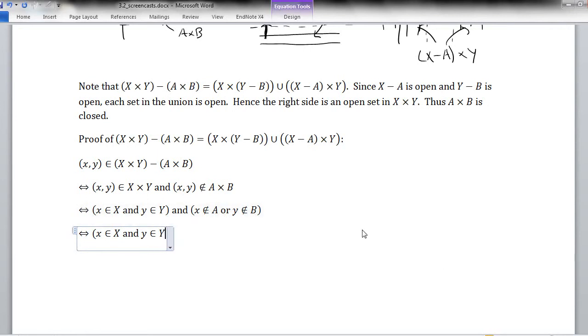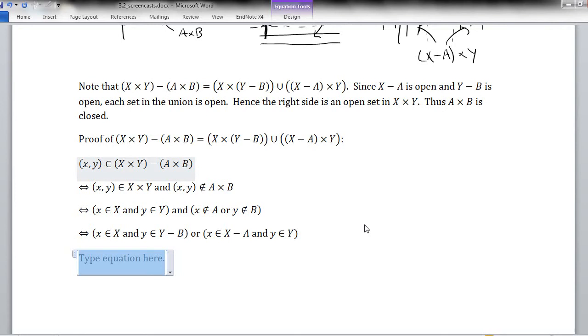And not in B. So Y minus B. Or the other possibility is that we still have x in X and y in Y, and we have x not in A, so I'm going to amend this to say that x is in X and it's not in A. Okay. So those two are certainly equivalent.